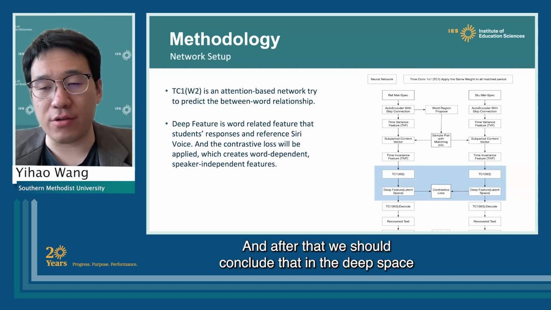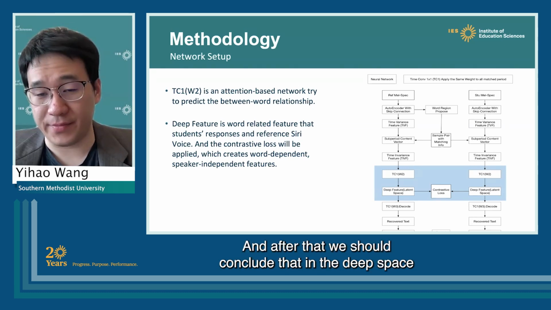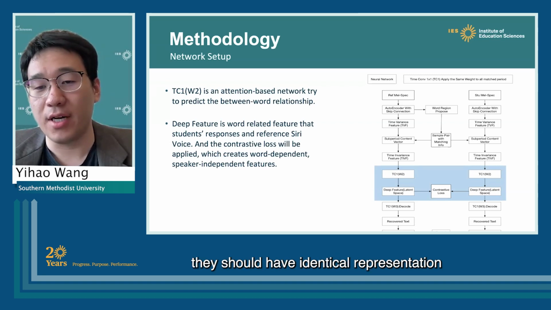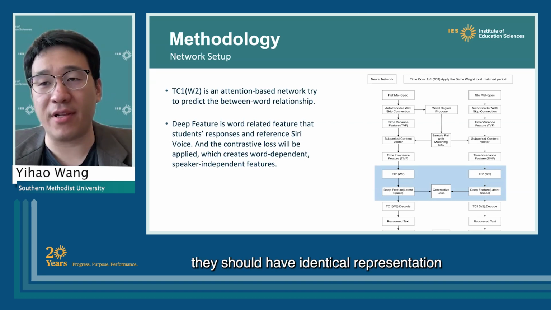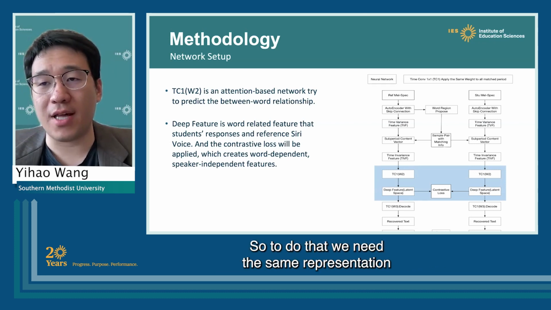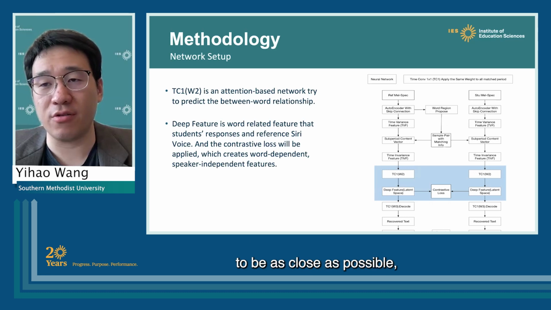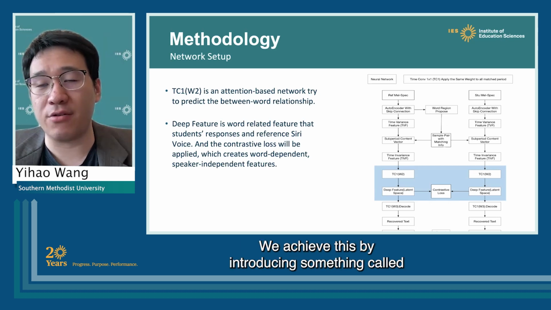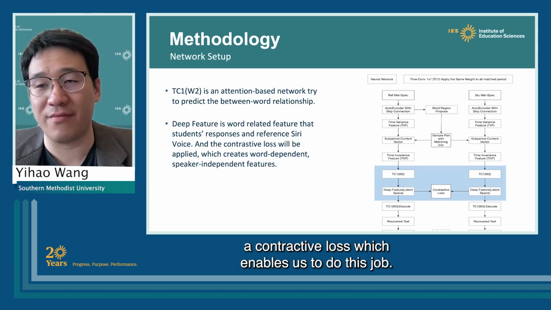And after several layers of the network, in the deep space, they should have an identical representation if they represent the same word. So we need the same representation to be as close as possible. But if they are different, we want them to be as far away as possible. We achieve this by introducing something called a contrastive loss, which enables us to do this job.